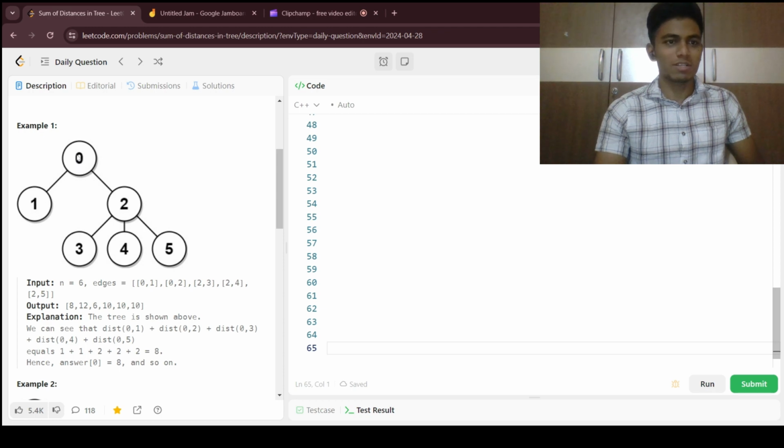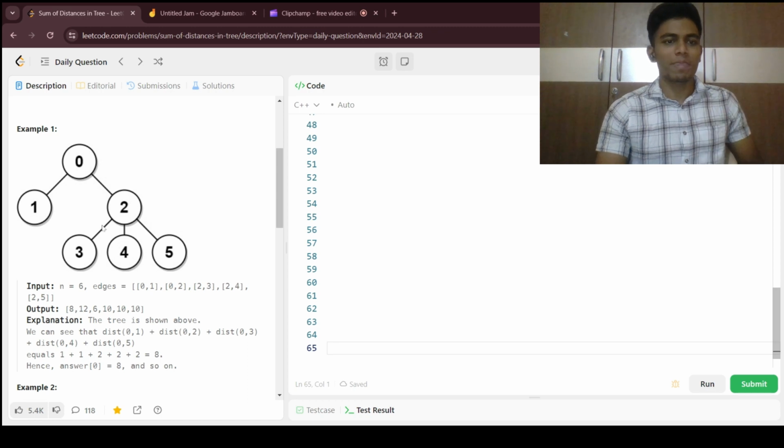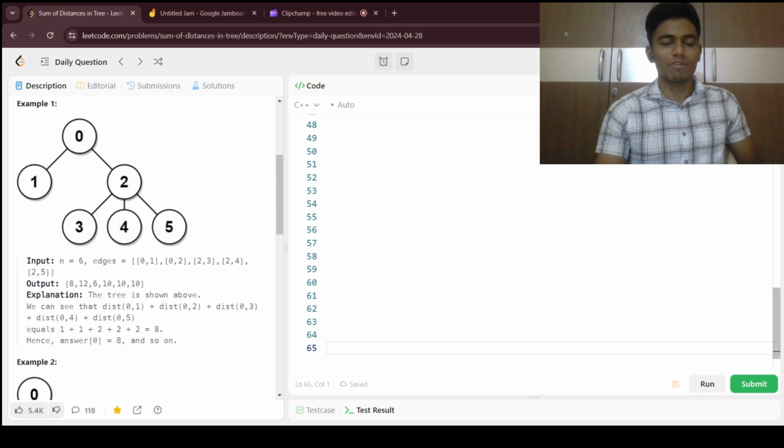Suppose I want to take 0, then I calculate the distance between this node and 1, 2, 3, 4, and 5. The distances are 1, 1, 2, 2, 2. If we add these, we get 8. So we return 8 for answer[0], and similarly we need to find all the distances for the other n nodes.